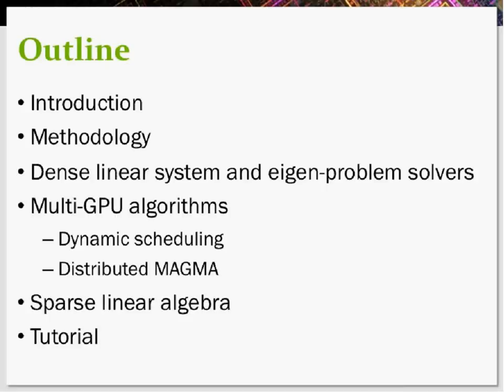What we're interested in is developing higher level numerical algorithms that use the BLAS interface. For example, linear systems would be a sequence of BLAS calls, and also higher level problems like eigenvalue problems, again a sequence of BLAS calls. So we'll go over some methodologies for these architectures.